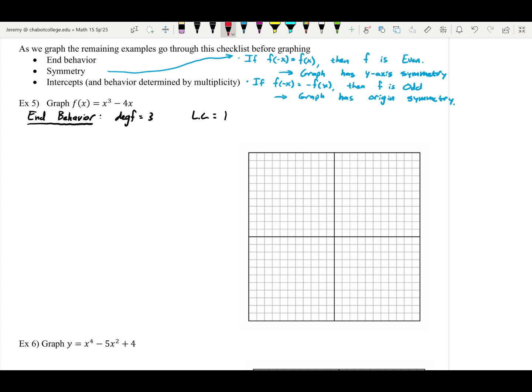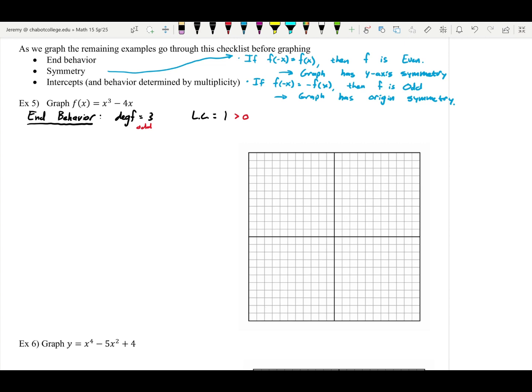The important things about these two numbers: 3 is an odd number, so we have odd degree, and the leading coefficient 1 is greater than 0. Remember, odd degree means it's going to be down on one side, up on the other side. Leading coefficient being positive means it's going to be an increasing function in the long term.